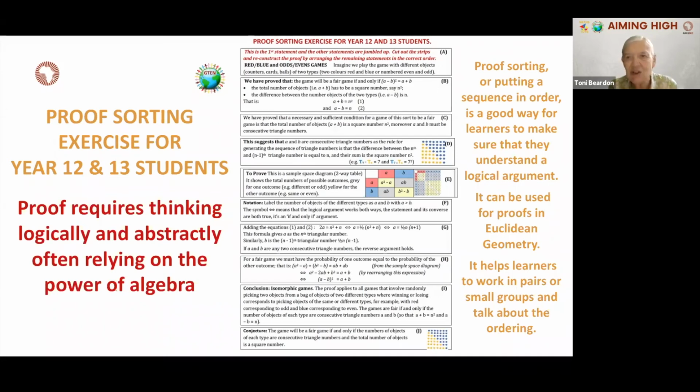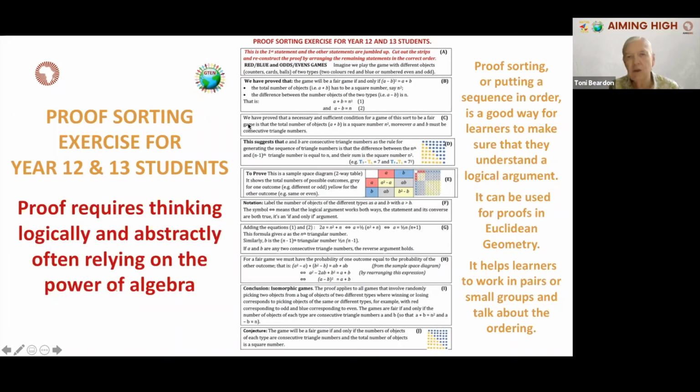I just wanted us to think about this as a method in general. This is proof sorting, where we have to think logically and abstractly and rely on algebra. So this proof relies quite heavily on some algebra, but it's very simple algebra, but we have to think of each step here and get the steps in the right order.